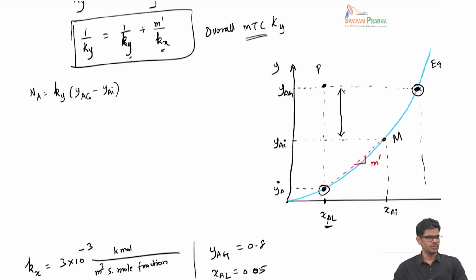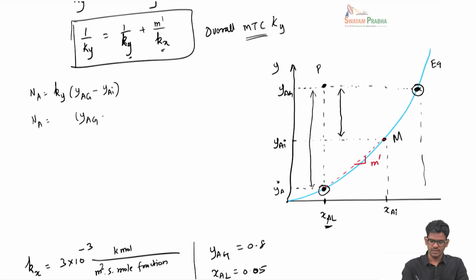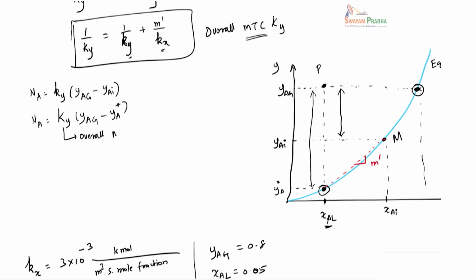Now, if you want to avoid the use of interfacial concentration, we can use a different kind of driving force, YAG minus YA star, with a new coefficient called the overall mass transfer coefficient in the gas phase, based on the gas phase concentrations.